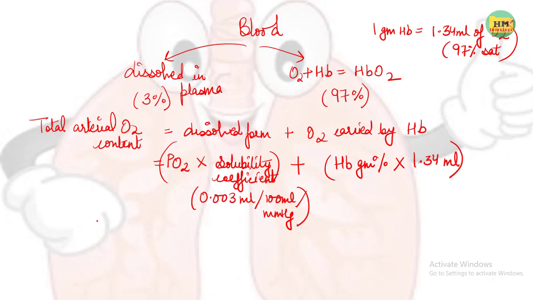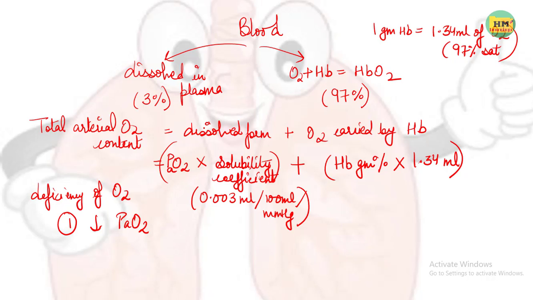From this we can say that deficiency of oxygen can occur at the tissue level when there is a decrease in the arterial oxygen partial pressure, that is the partial pressure of oxygen in the arterial blood, because it will decrease the oxygen traveling in the dissolved form.